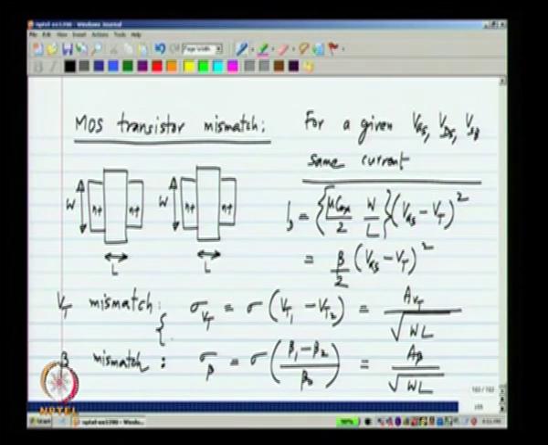Sigma Vt is something that is measured in millivolts and sigma beta is something that is measured in percent. Okay. Sigma beta is analogous to the numbers sigma r and sigma c. Okay.